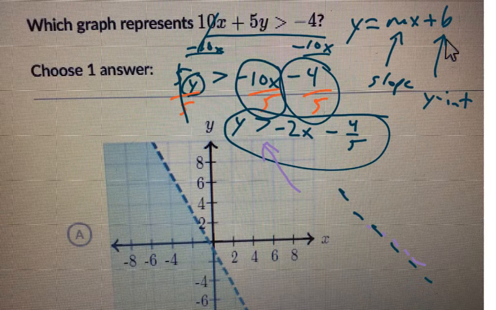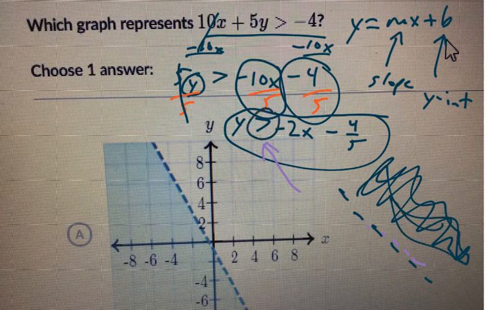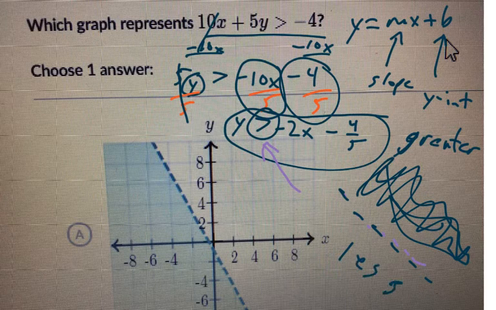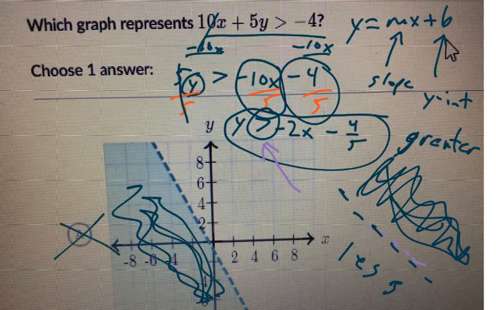A bar underneath it. So we know it's a greater than, and so we're going to have a dotted line, and we're going to be shading above because that's what greater than is. We want to be greater than. See, if I'm underneath, that would be less than. So, as you can see, guys, A is wrong. See how it's shading underneath the line?